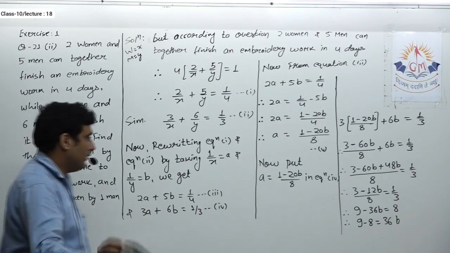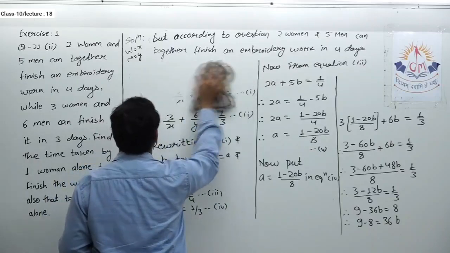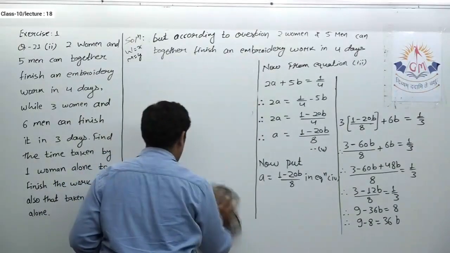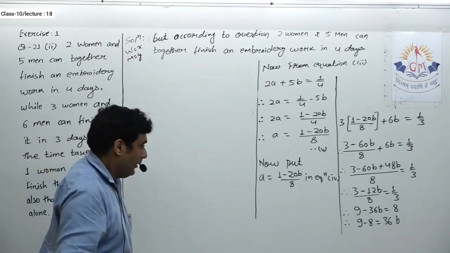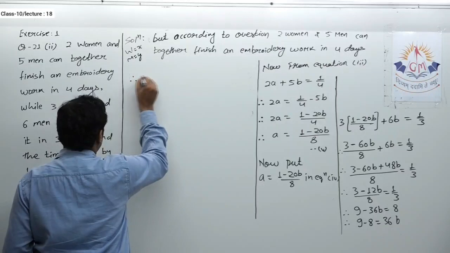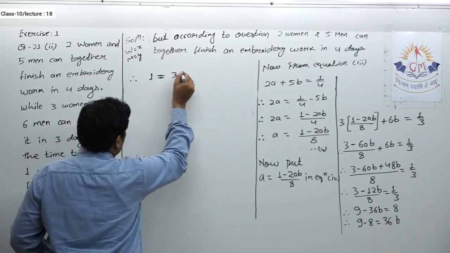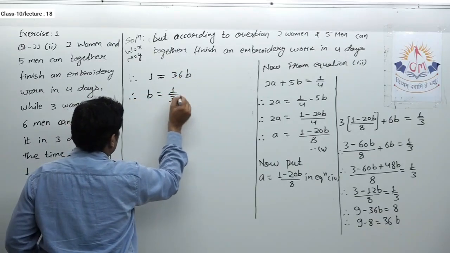Okay, so now we'll see further over here. Therefore 1 is equal to 36b, therefore b is equal to 1 upon 36.